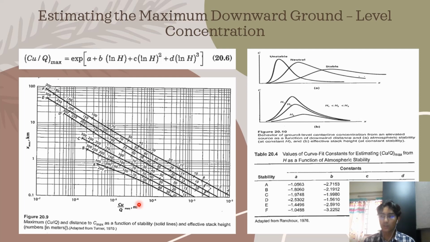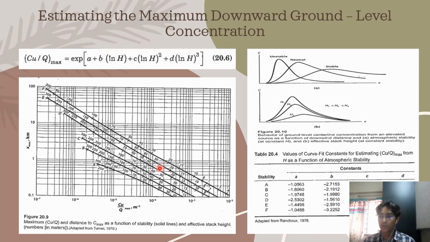The solid lines represent the various stability classes, and the numbers along the lines represent various values of the effective stack height. Figure 20.10 is the behavior of ground level centerline concentration from an elevated source as a function of downwind distance at A, atmospheric stability at constant H, and B, effective stack height at constant stability.